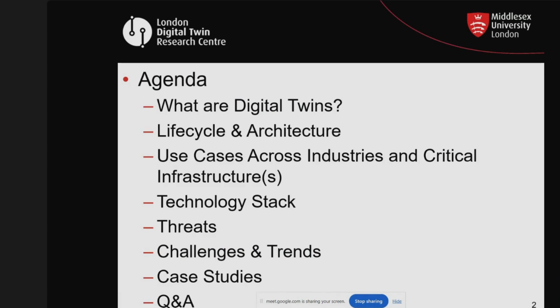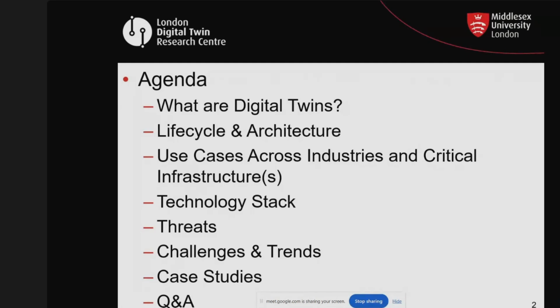So my agenda for today: I'd like to give you a brief overview of what our perspective of digital twins is, the life cycle and the architecture, and multiple use cases within specific industries, so the automotive sector, for example, the manufacturing sector, and other critical infrastructure use cases as well. When we talk about digital twins, what is the modeling? What is the architecture?